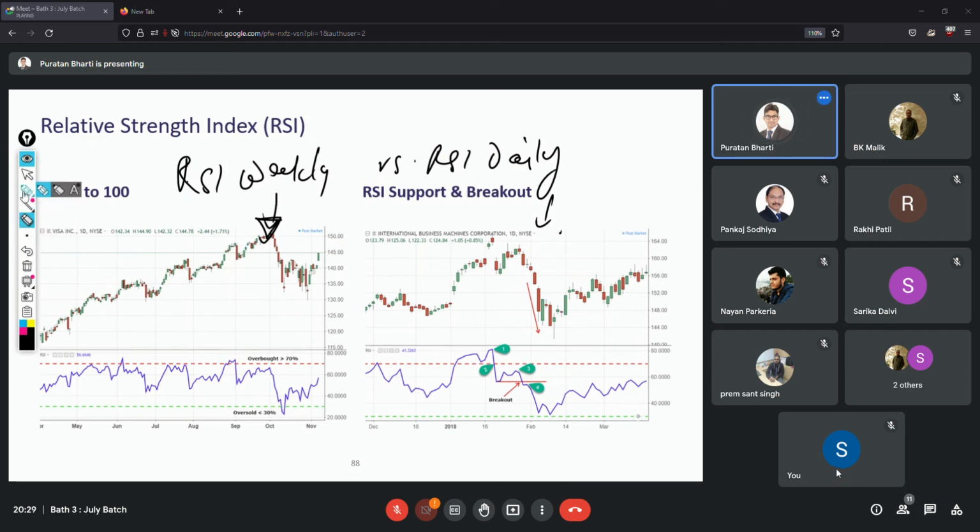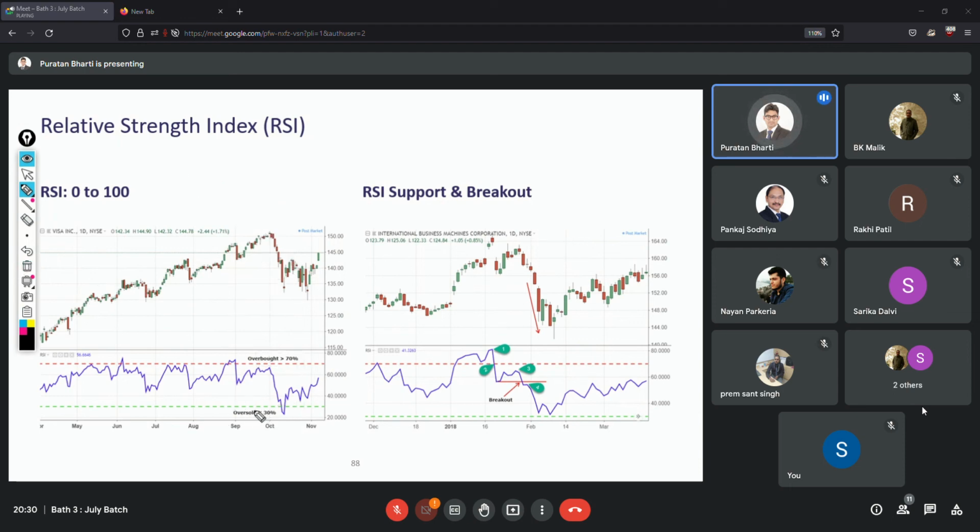Maybe it is at 75 hypothetically on the daily, and you are still seeing the weekly around 60. In such cases, we have seen that the stock still has scope and has moved even higher, whereas you have exited the stock because you read that 70 is an overbought zone and 30 is an oversold zone.